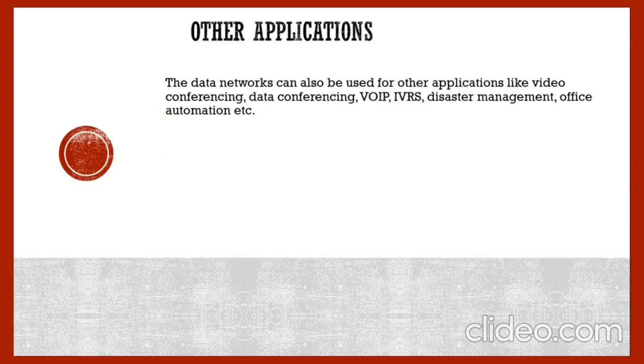Now here are a few other applications, like video conferencing, data conferencing, VoIP. And if you don't know, VoIP is voice over IP, or you can say voice over internet, and this is used for better quality of the voice audio that is being transmitted within our mobile phone, or any phone.